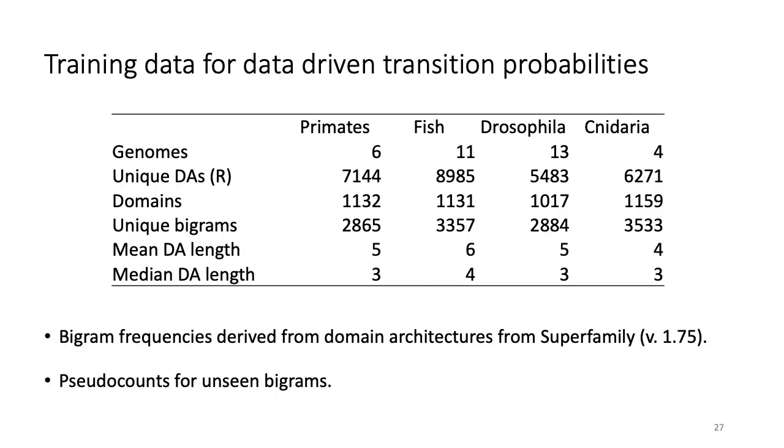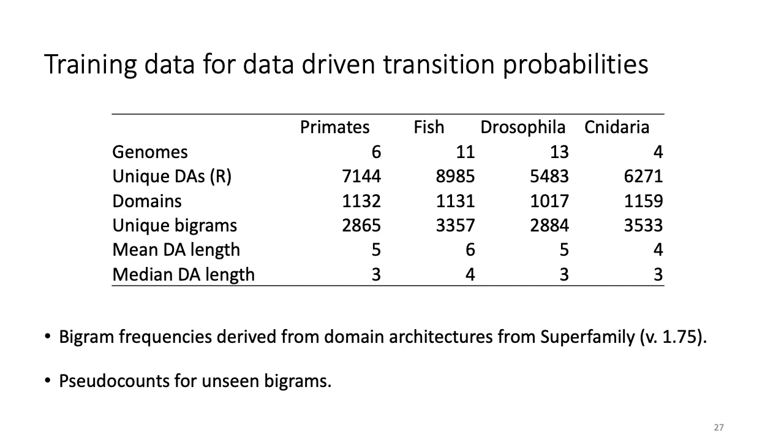For our empirical evaluation, we downloaded domain annotations from the SUPERFAMILY database. We extract bigram frequencies. These are used for a first-order approximation. We add pseudo-counts for unseen bigrams. Domain combination statistics vary across the metazoa.